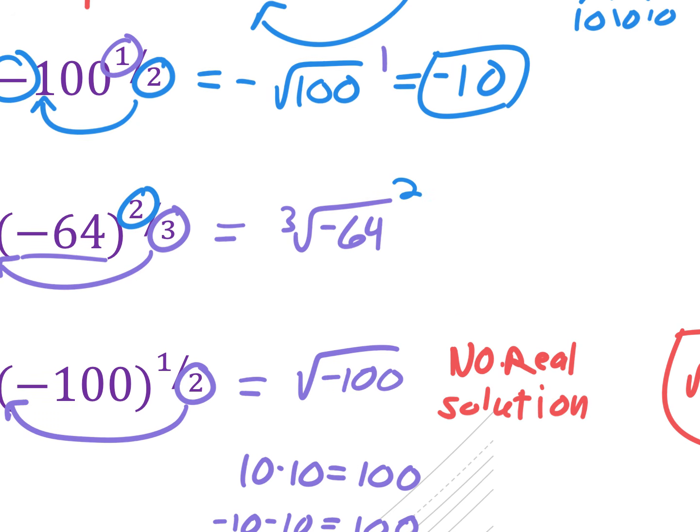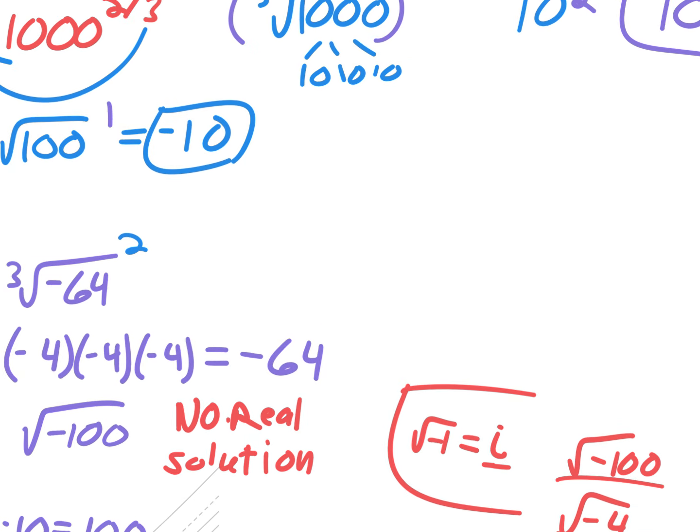Can we do the cube root of a negative? Yeah, right? What's that going to get you? Negative 4, right? Do we see why that is allowed? Because if you do negative 4 times negative 4 times negative 4, that does get you a negative, right? It turns back negative.